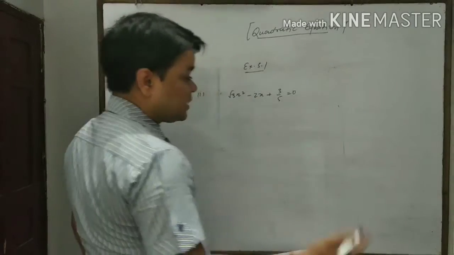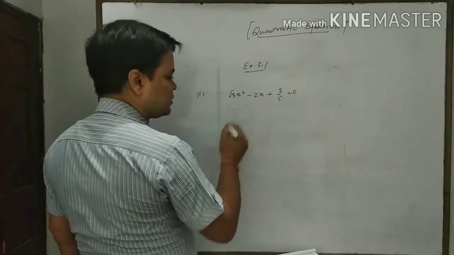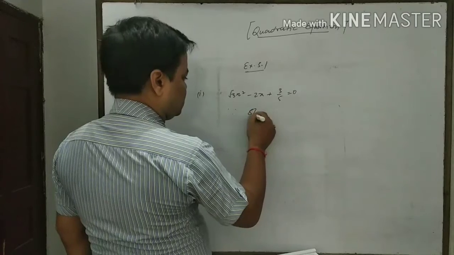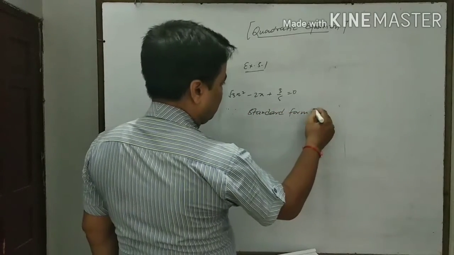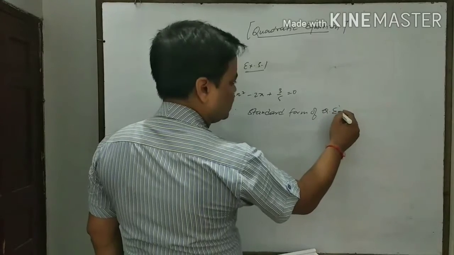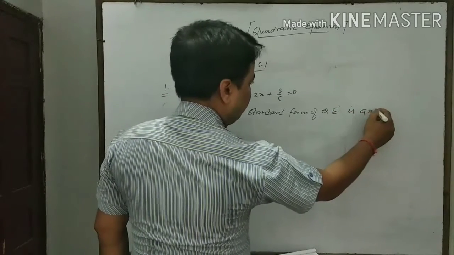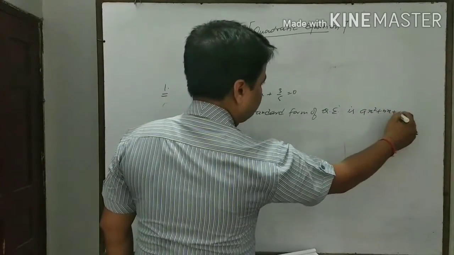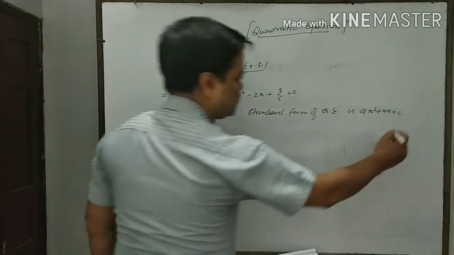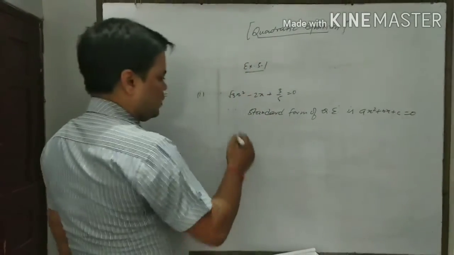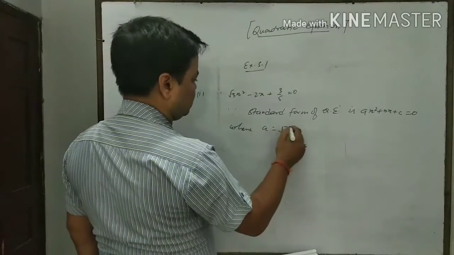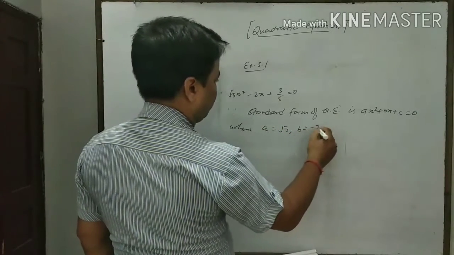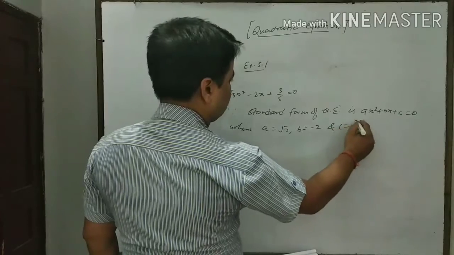And we know that the standard form of the quadratic equation is ax square plus bx plus c is equal to 0, where a is root 3, b is minus 2, and c is equal to 3 by 5.